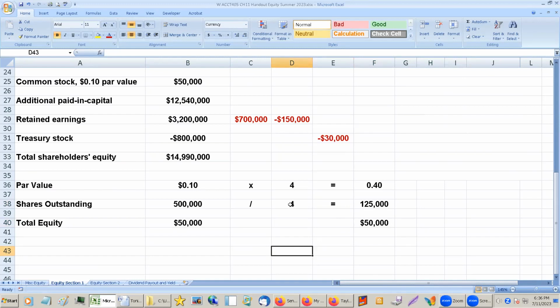When we do the multiplication, it ends up being the exact same total. So this is going to have a 0 net impact on the financial statements.